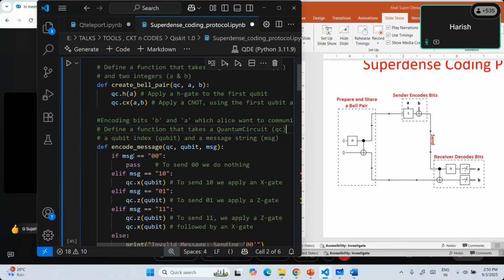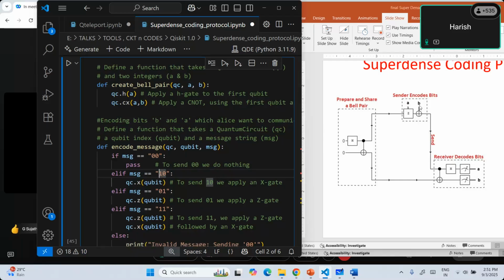In this encoding part, we need to apply Z and X gates depending upon the value of A and B. If A and B are 00, then you need not apply the Z and X gates. If it is 10, read from right to left here: 0 is A and 1 is B. So it will apply the X gate since B is 1.